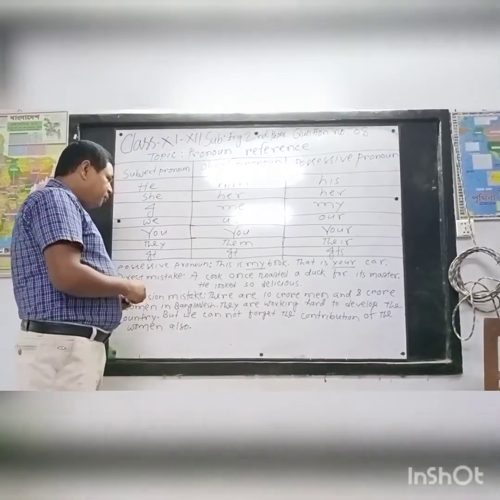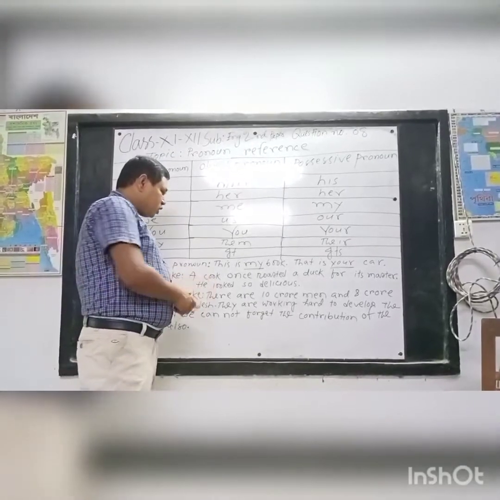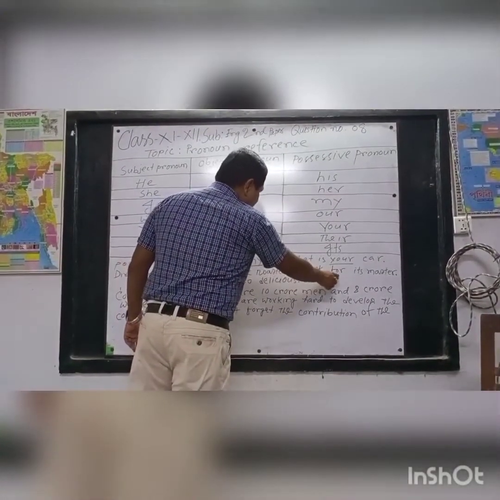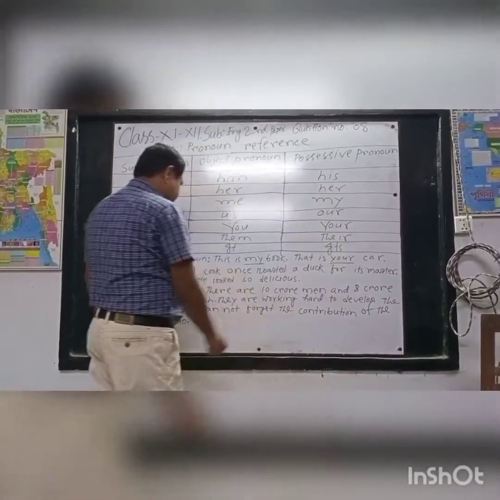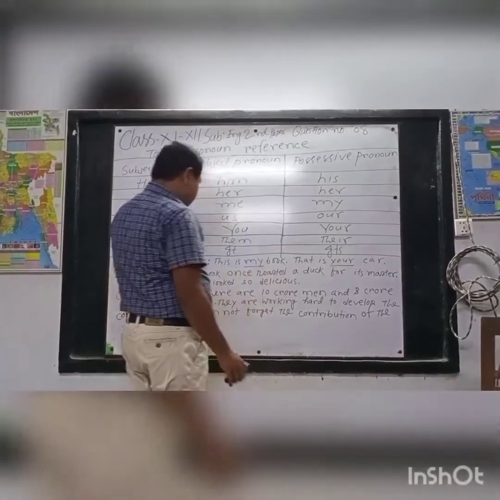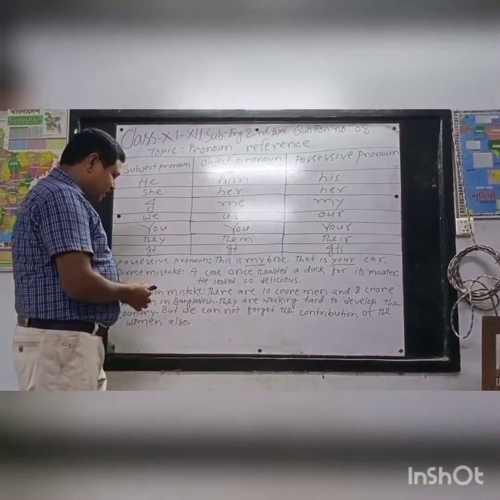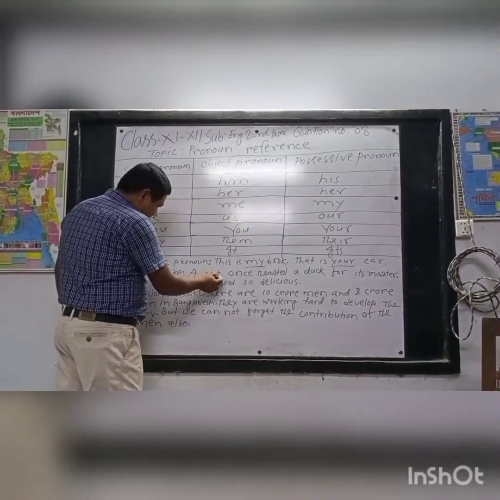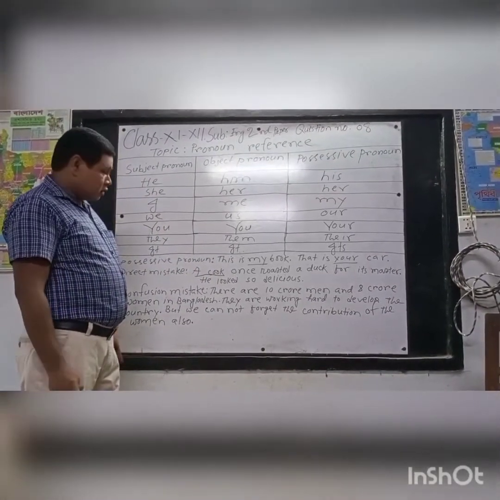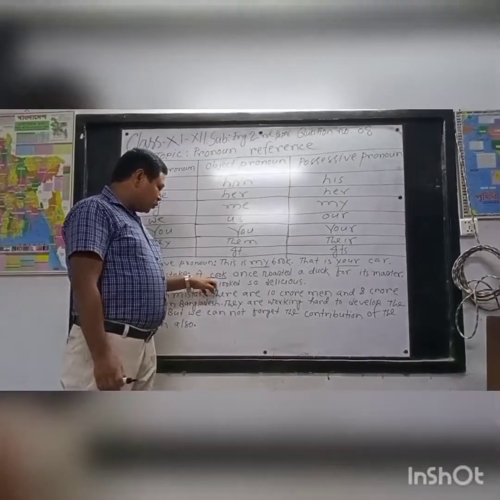As for example, a cook once roasted a duck for its master. He looked so delicious. So, look at this sentence. In this sentence, our subject is a cook.